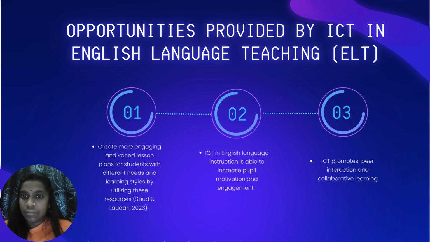For instance, educational websites like BBC Learning English and Khan Academy provide interesting video lessons that accommodate various learning preferences of pupils. And these platforms also make difficult concepts easier to understand by using both visual and audio components in order to explain the concept further.